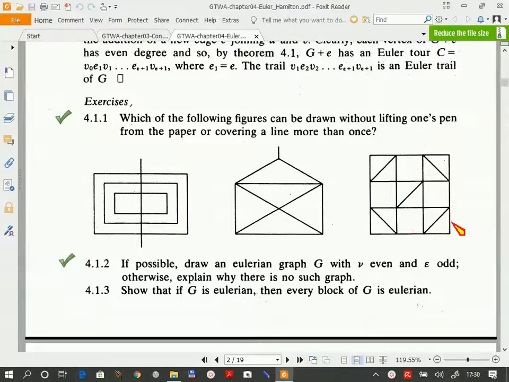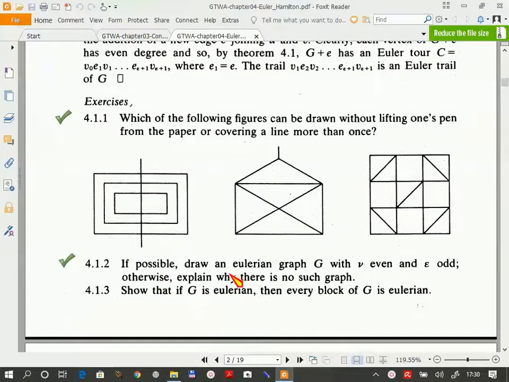All other degrees are even, and so again, you should be able to find an Euler trail from this to this, or conversely. It's a good thing to try by yourself without knowing a rule. We'll see Fleury's algorithm, which will tell us how to find a trail when it's possible, or an Euler tour when it's possible.